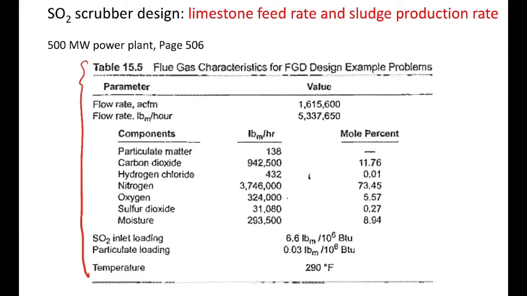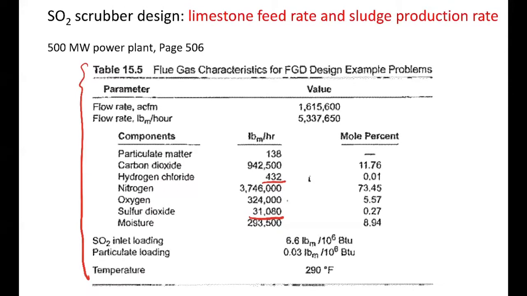And then further, based on the composition of the sulfur dioxide and hydrogen chloride, we should be able to calculate the limestone we need in the entire system, okay? So again, I'm listing the two problems for this sulfur dioxide scrubber design problem. The first is the limestone feed rate, and the second is the sludge production rate, okay? These are the two questions that we have to deal with.